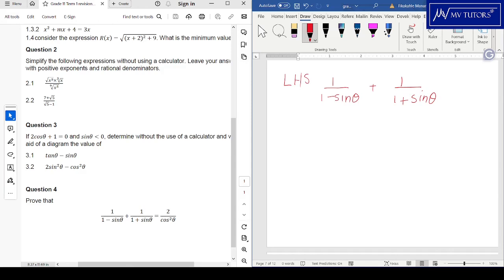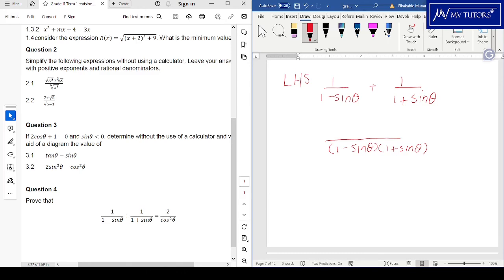Now if you have a fraction like this, we are basically adding fractions, even though it has sine thetas, but it's just basic fraction addition. So what do we do when we have such a scenario? We start with the denominator, and we multiply the denominators that we're given, 1 minus sine theta and 1 plus sine theta, and then with the numerators we cross multiply.